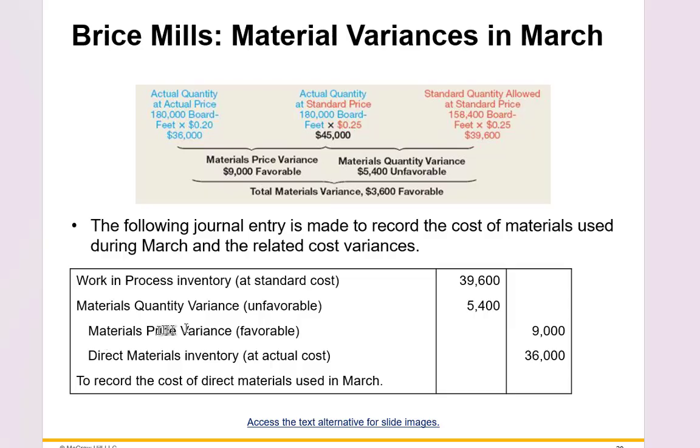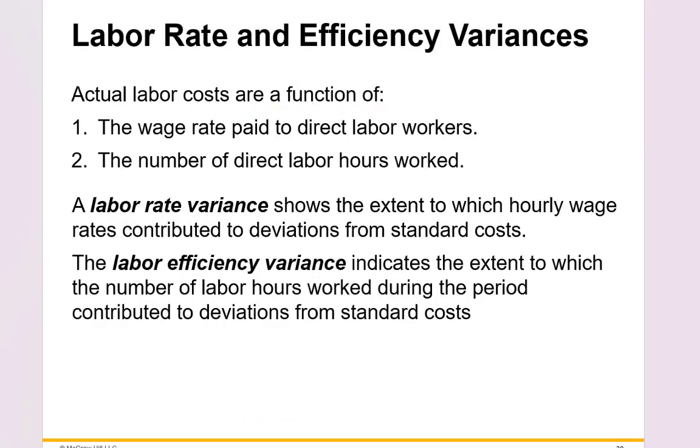I think about materials price variance, which was favorable because we got 20 cents instead of 25 cents. Perhaps we got low quality materials, and that meant we had to spend more on materials. And so maybe that makes sense. Maybe in the future we need to change that variance. Okay, so let's go ahead and go forward here.